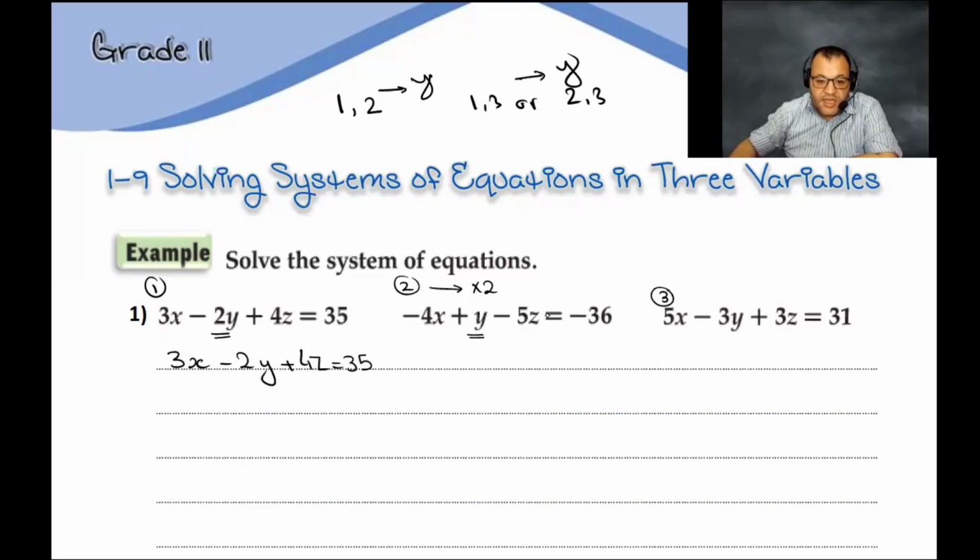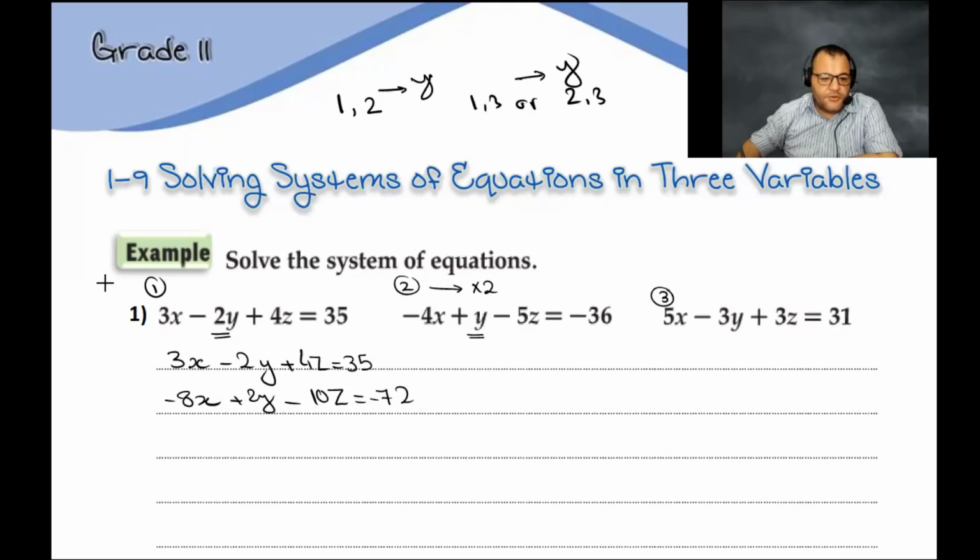And I will multiply the second one by 2. So it will be negative 8x plus 2y minus 10z equals negative 72.